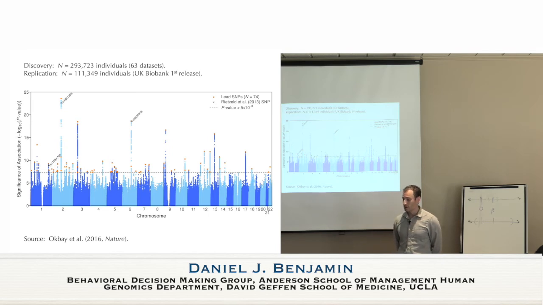That's exactly right. That's the key insight underlying a number of fine mapping methods that try to use data from different ancestry groups and combine them to identify causal SNPs.